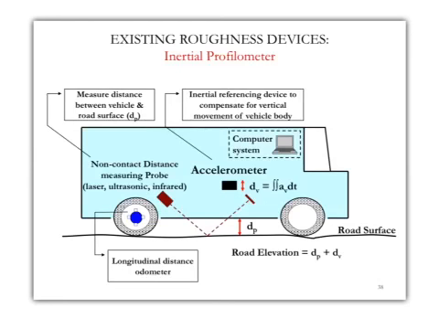The waves hit the road surface and reflect back, and are measured by the accelerometer, which is a device to compensate for the vertical movement of the vehicle body. Once you do this, you can calculate the road elevation, which is dP plus dV. And definitely you have to have a computer system to process all the data and eventually come up with a road elevation profile.